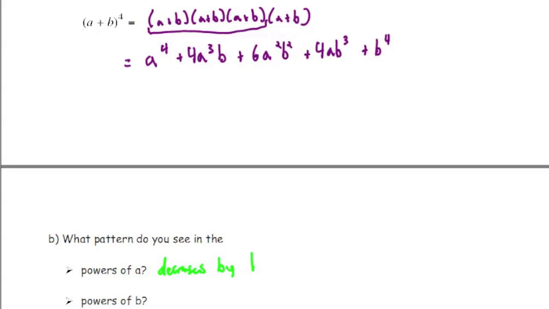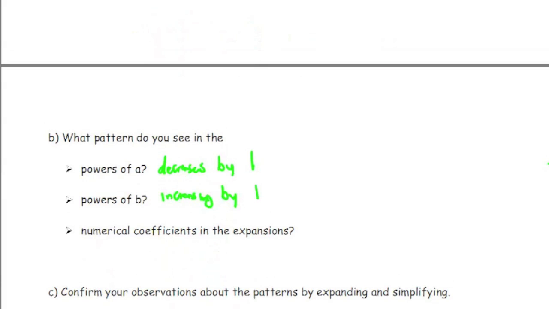It goes down by 1, or decreases by 1. What about the powers of b? I think you're starting to pick up on something here. We go from no b's to b to the 1, b squared, b cubed, b to the power of 4. So it's actually increasing by 1. Wow, that's insane.